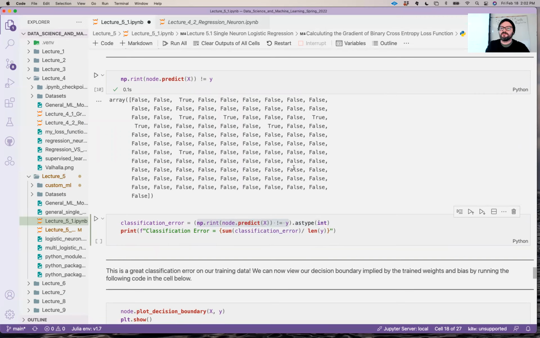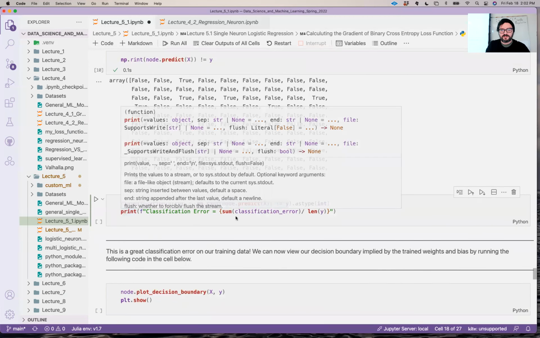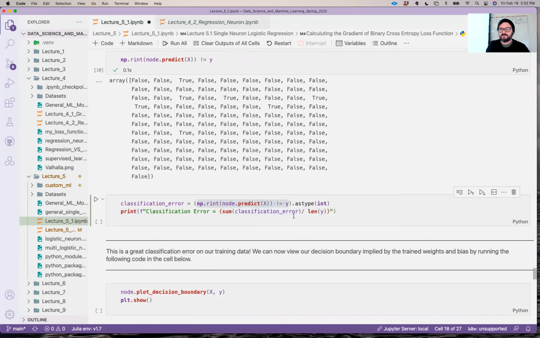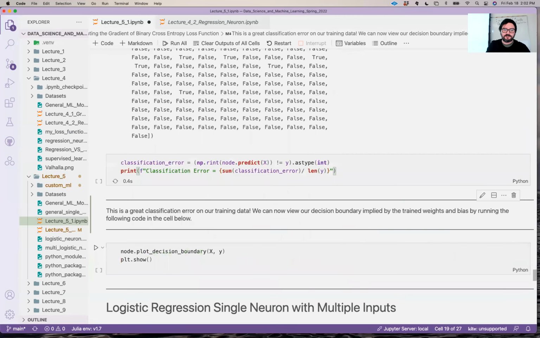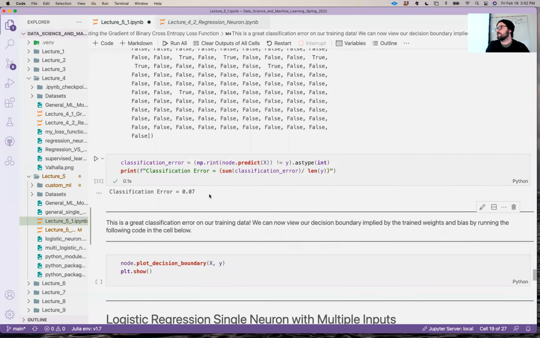So the falses would be 0s, the trues would be 1s. And then I print the sum of all the 1s, because that's what's going on in here, divided by the length of y. Let's see what it is. 0.07. So it's the number of misclassifications divided by the total number of points.